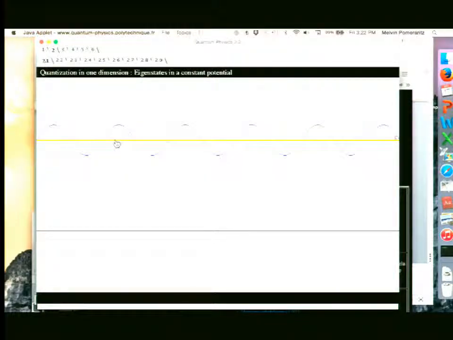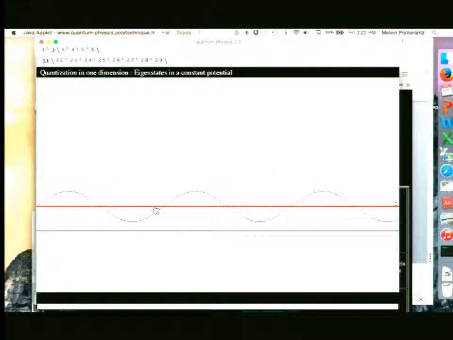It's as though each wave crest gives you a punch, if you want to think of it that way. So the higher the energy, the more punches you get per second. However you remember it, this is the key idea: as the kinetic energy gets higher, the wavelength gets shorter.